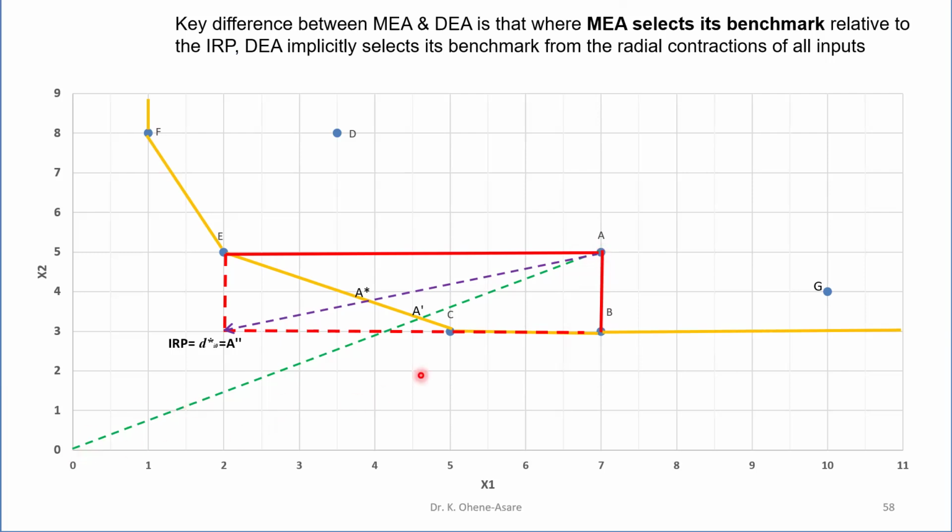So I have to draw a line and move it to A. That line will showcase the distance to the frontier, which is A prime, and the distance to the firm, which is A. That is how the efficiency is measured. It's the distance to the target divided by the distance to the actual. I'm just starting with DEA before I go to the MEA. Any question on this?